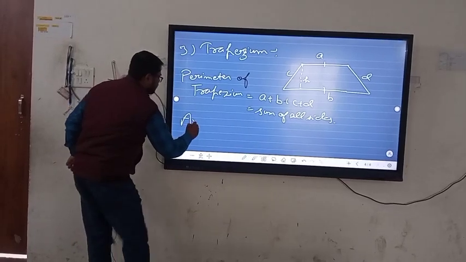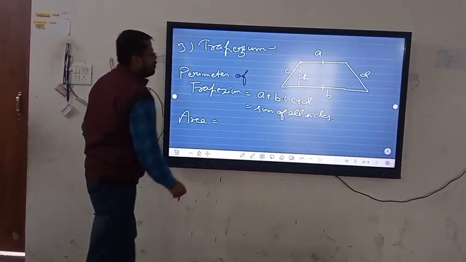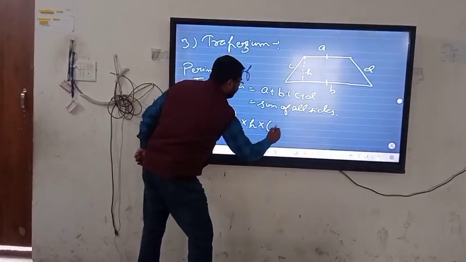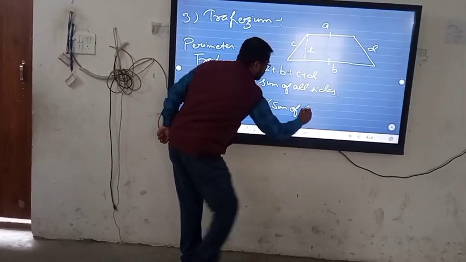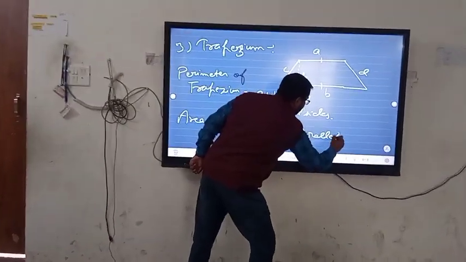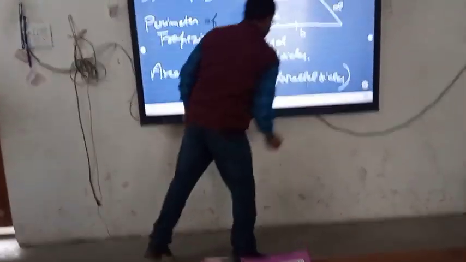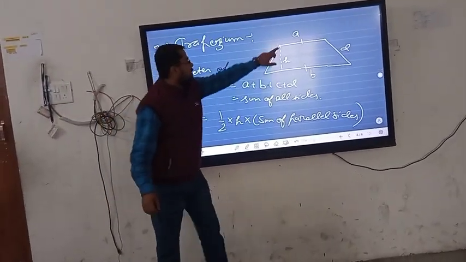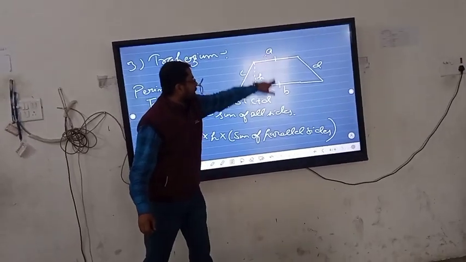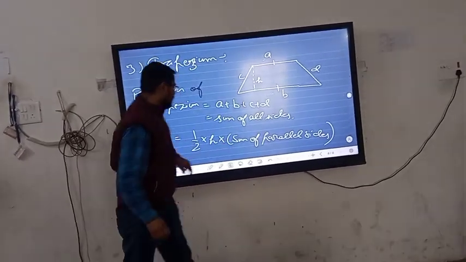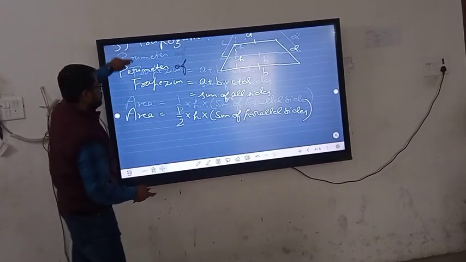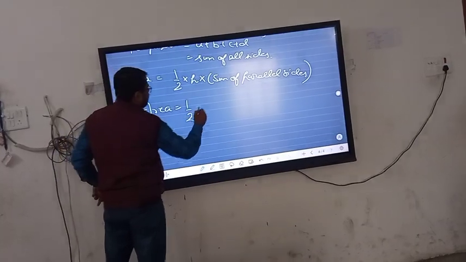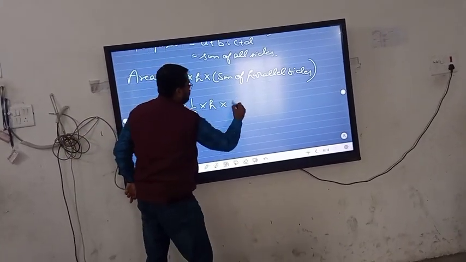And area equals to 1 upon 2 into height into sum of parallel side. This is height and this is the parallel side. Okay, the sum of parallel side is A plus B. Means area equals to 1 upon 2 into H into A plus B.